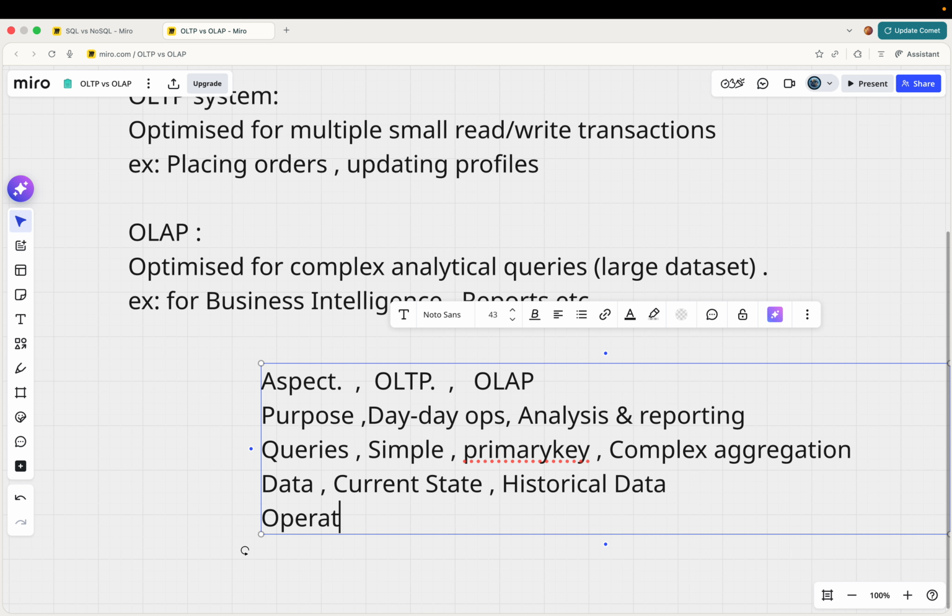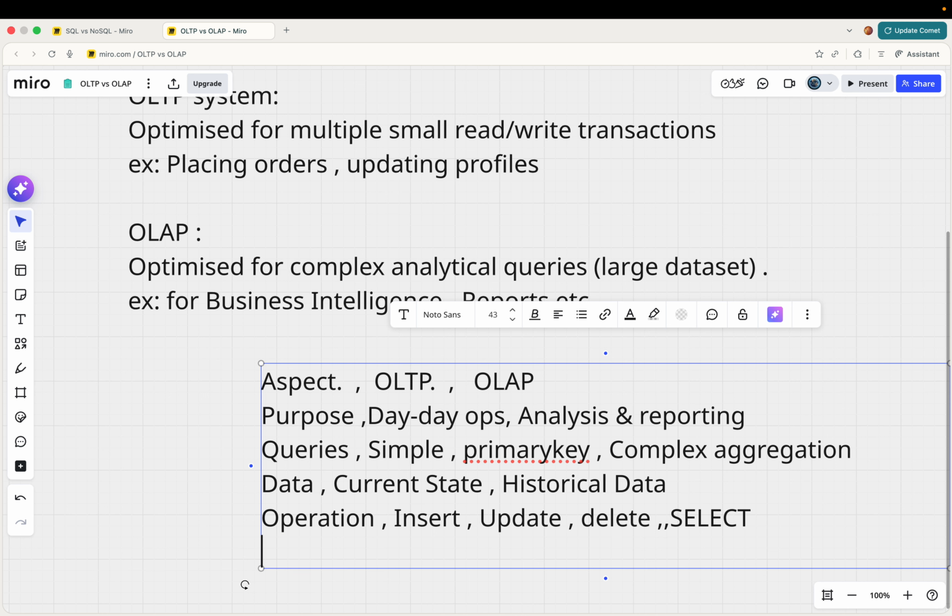The operations in OLTP optimized systems will be insert, update, and delete. But in OLAP, mostly we do select only, just scanning or reading. For concurrent users, OLTP should be optimized for multiple concurrent users, while OLAP has few employees or analysts from the company, that's it.